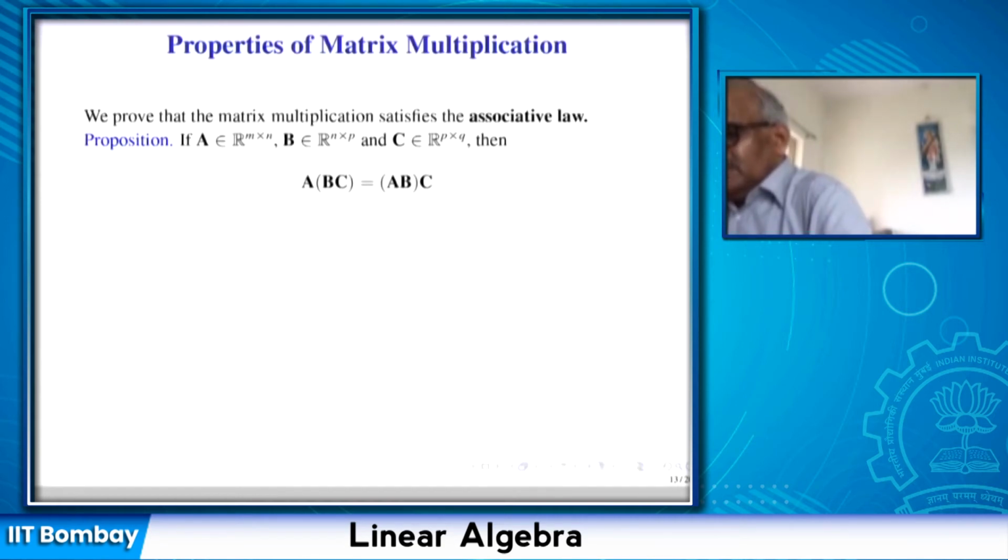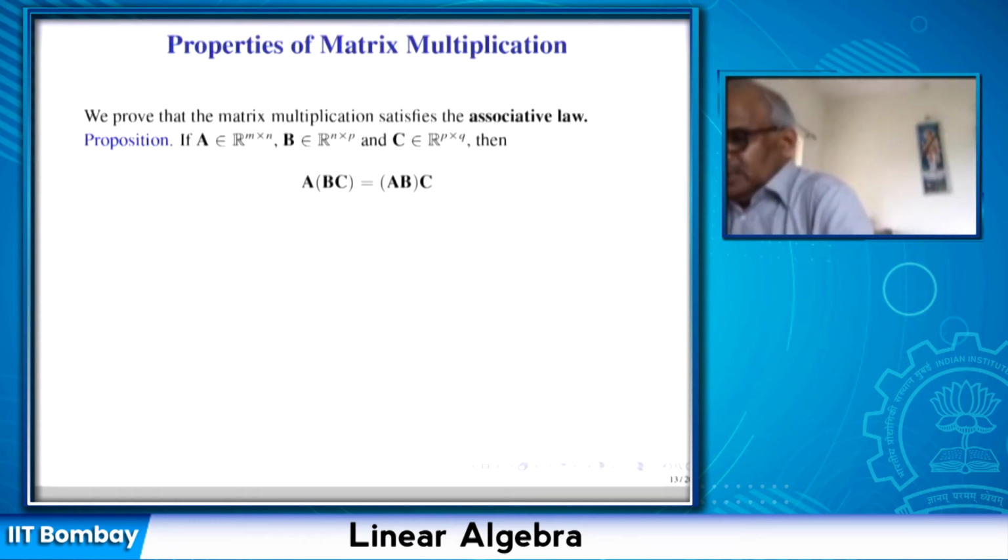I can multiply A and B. I can multiply B and C because the number of columns of A is the same as the number of rows of B, and the number of columns of B, which is p, is the same as the number of rows of C. And if I multiply B and C in that order, and then left multiply by A, that is the same as AB times C. Okay. So ordering is very important here. A times the product of B and C is the same as the product of A and B times C.